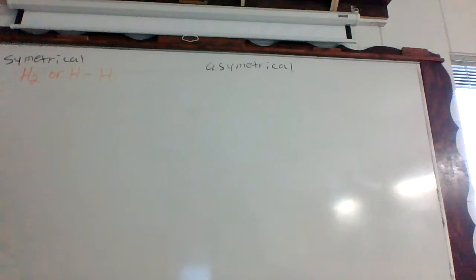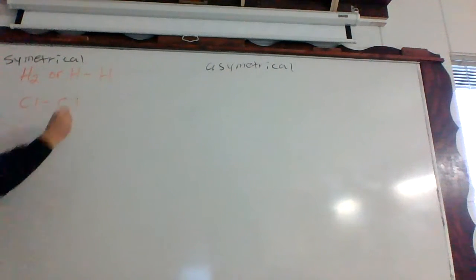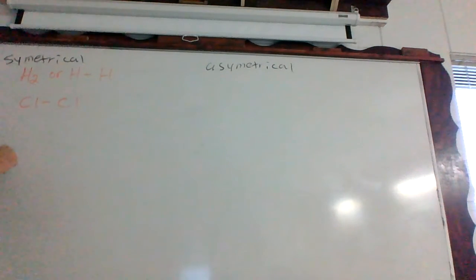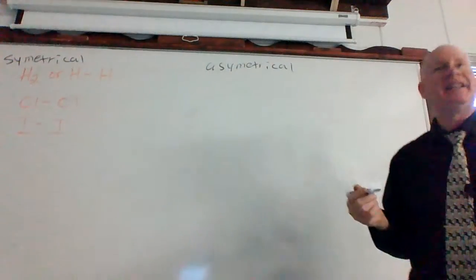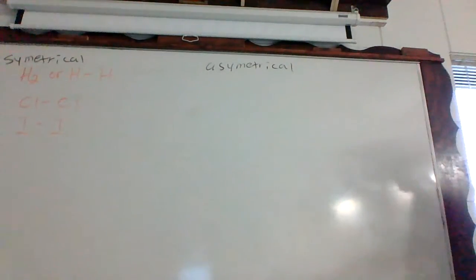What's another symmetrical type? We'll just do chlorine to chlorine. So what you're catching on to is all the halogens are symmetrical. In other words, it's the same on both sides. Now, the asymmetrical type means that it is not the same on both sides.